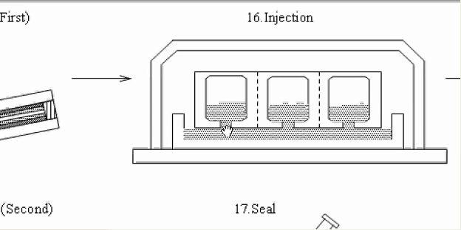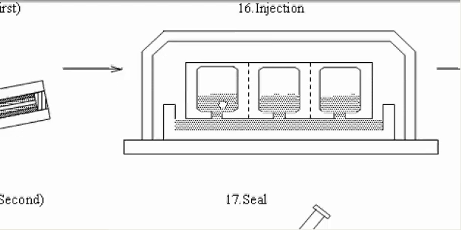We will put the opening of the cell deep into the liquid crystal material, and first vacuum it, and then dip it, and then apply pressure, so the liquid crystal will gradually fill into the cell.